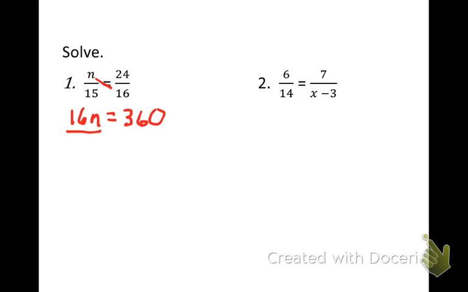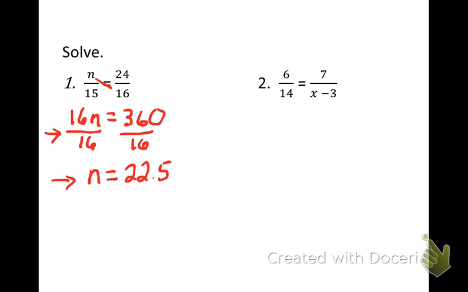Divide. This is a step that I'm not going to make you write out. If you want to write it out, that's fine. But if you want to just do this math on the calculator, that's also fine. When you do it on the calculator, you're going to get n equals 22.5. And you would be done. But I do want to see the cross products and the answer. So copy the problem, cross product, answer. So each problem will take at least 3 lines.